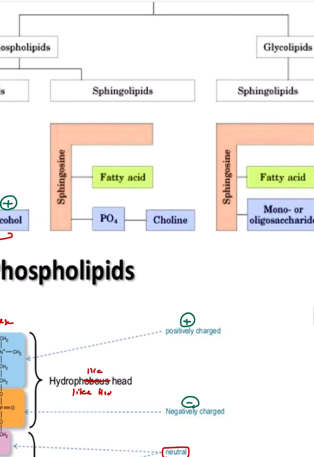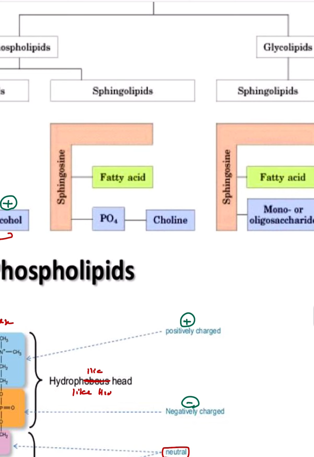Sphingolipid has a structure here, and it has a sphingosine which binds to the fatty acid, and the phosphate, and the alcohol or base, which is choline here. Very, very important, we have a sphingosine here.